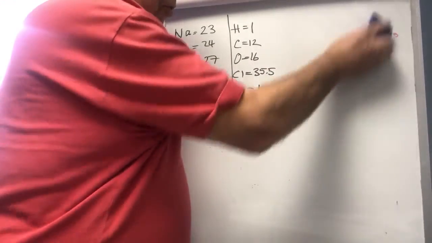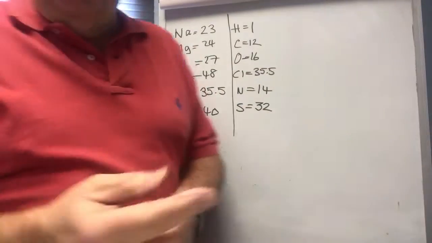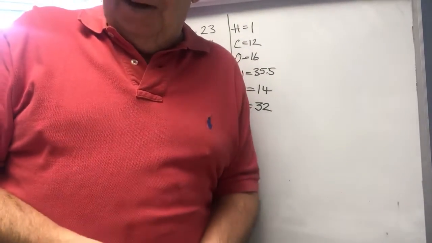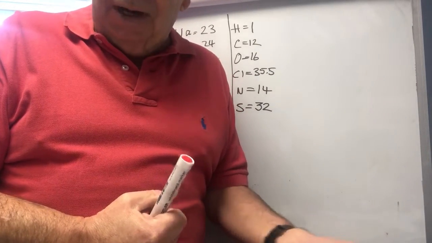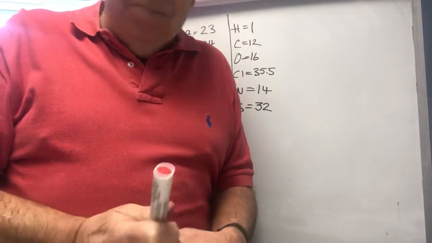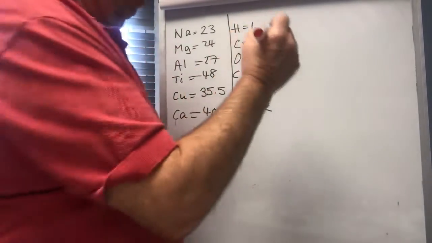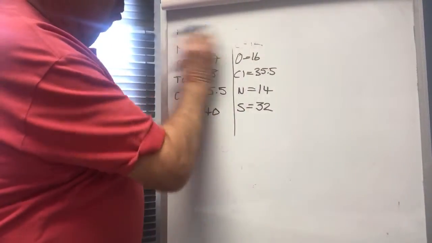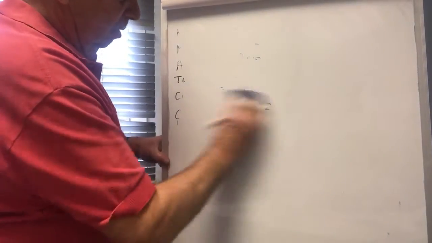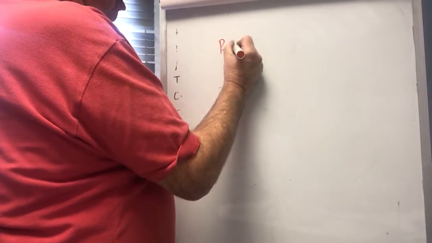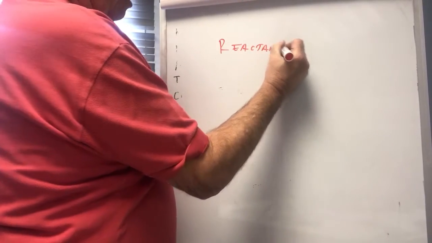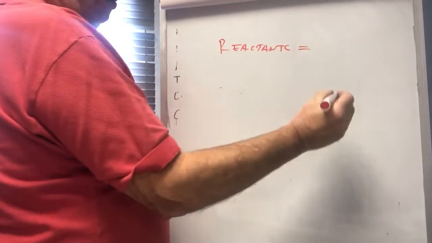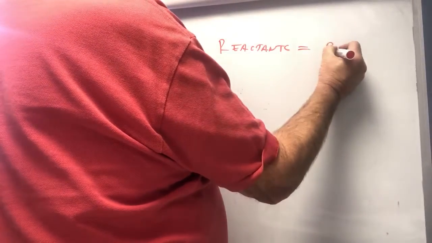It's the principles. And why I've been through all of that is because we'll be going on to look at actual reactions, but simply, let me clear some board space, is because the law of conservation of mass states that the mass of the reactants is equal to the mass of the products.